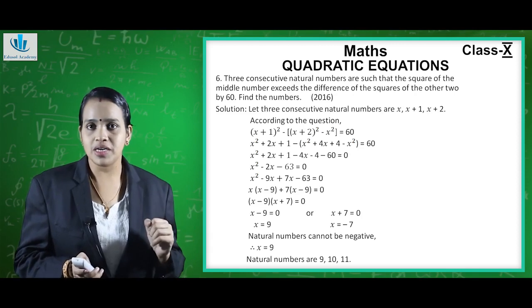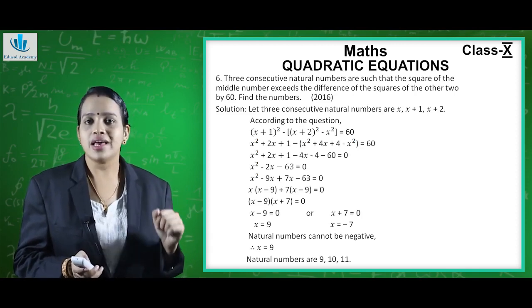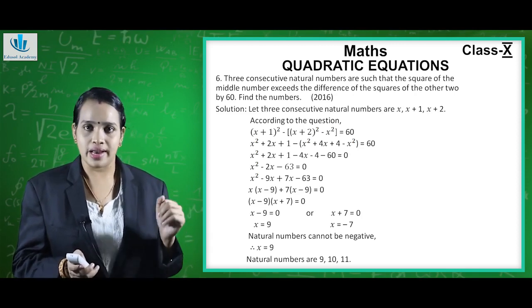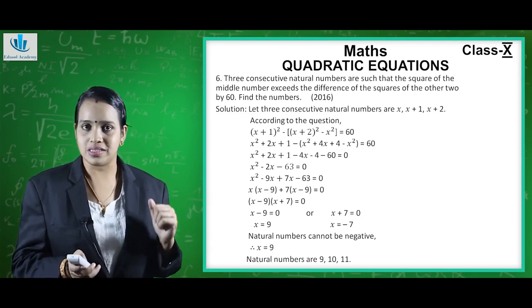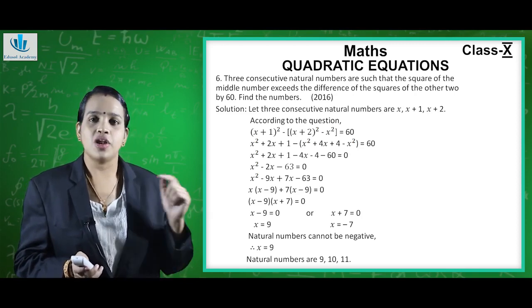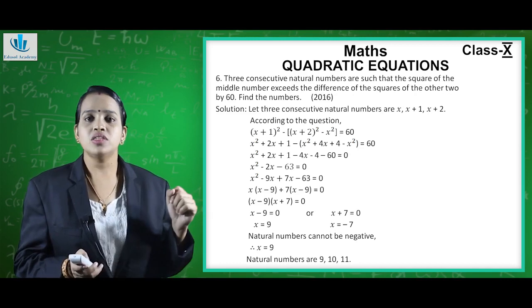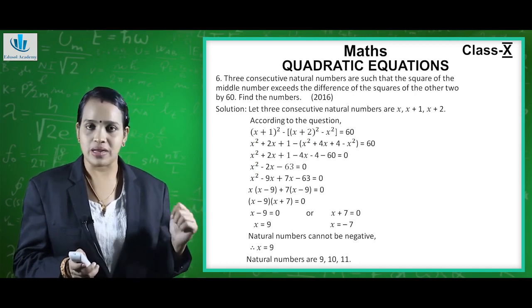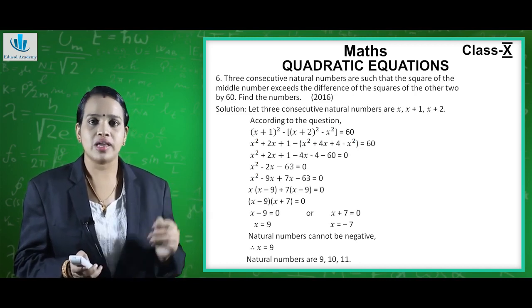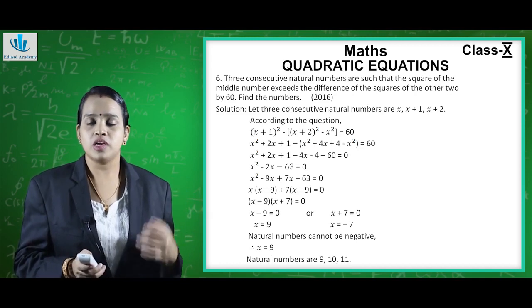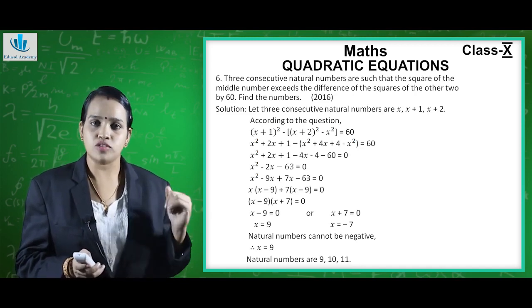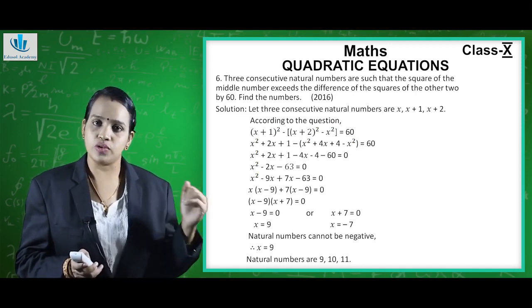Now we can split the middle term here, so it becomes x raised to 2 minus 9x plus 7x minus 63, which is equal to 0. Now we can take x as common, so x into what remains, x minus 9, plus, here we can take 7 as common, so it becomes 7 into what remains, x minus 9, which is equal to 0.